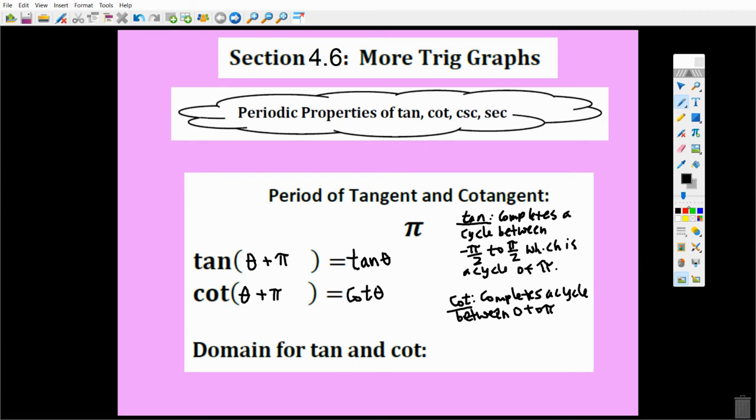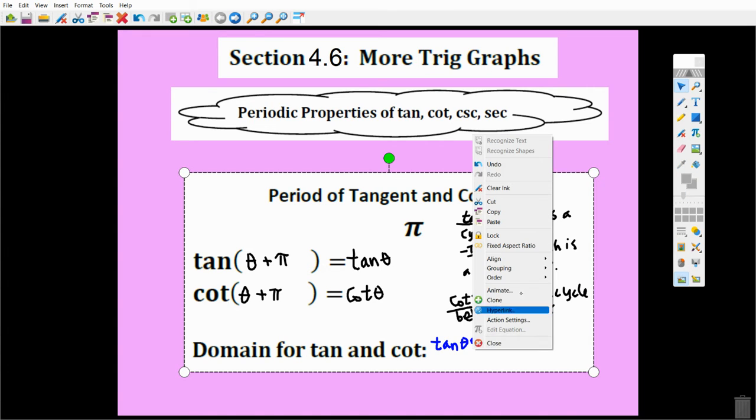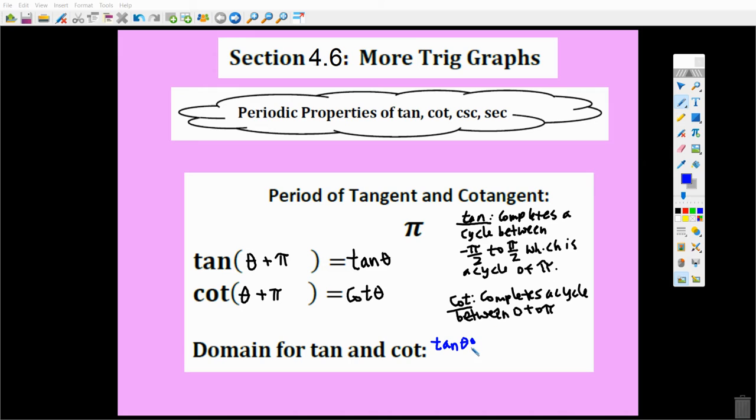And for the domain, which I like using blue, the domain for tangent is theta such that theta cannot equal, or it's undefined at, pi over 2, or any odd multiple of it.